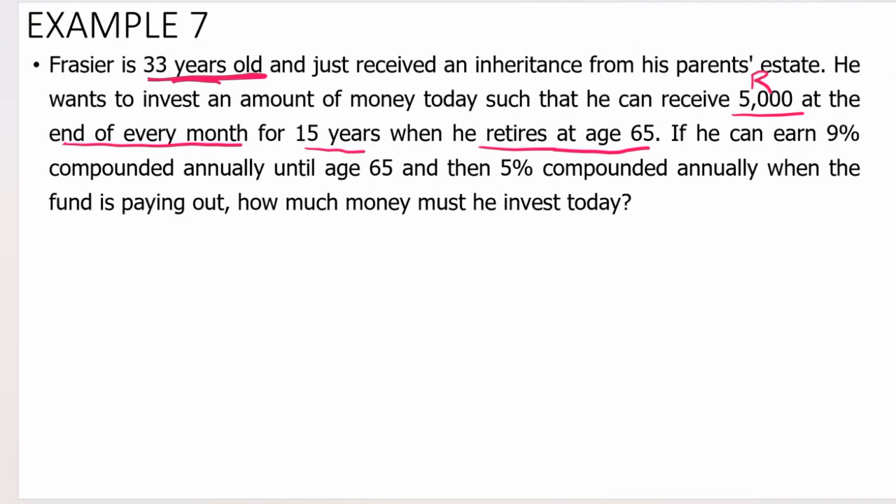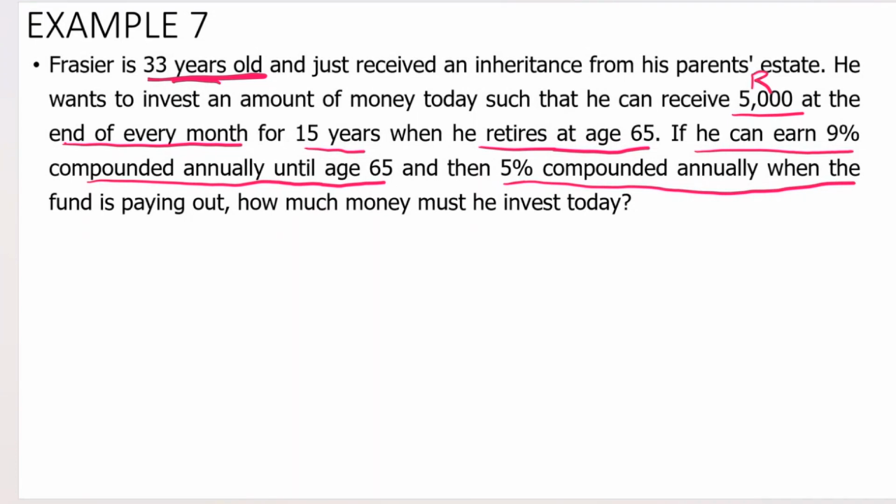There's an interest rate that he can earn when the investment is compounding annually. That is before 65. There are no payments, so it's the normal investment which is compounding annually, and then after that there is another amount that is getting 5%. It is also annual when the fund is paying out.